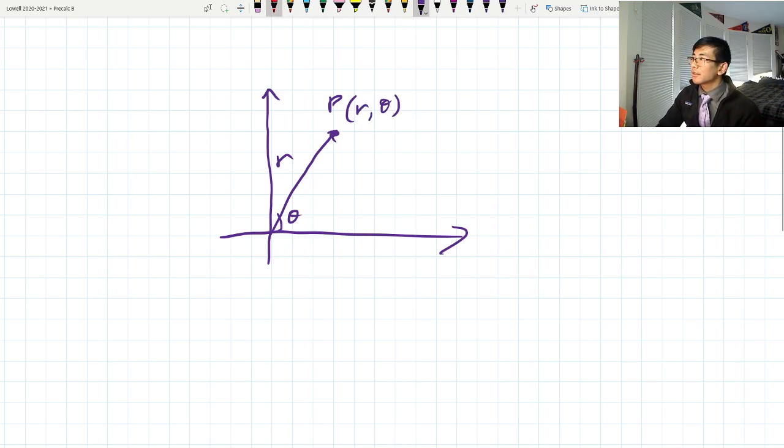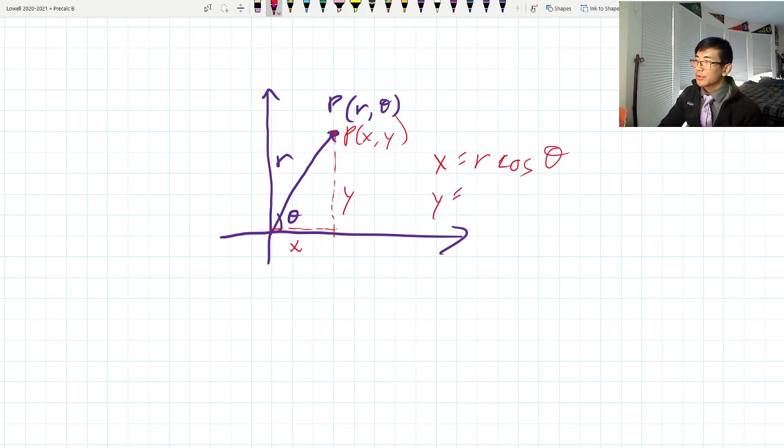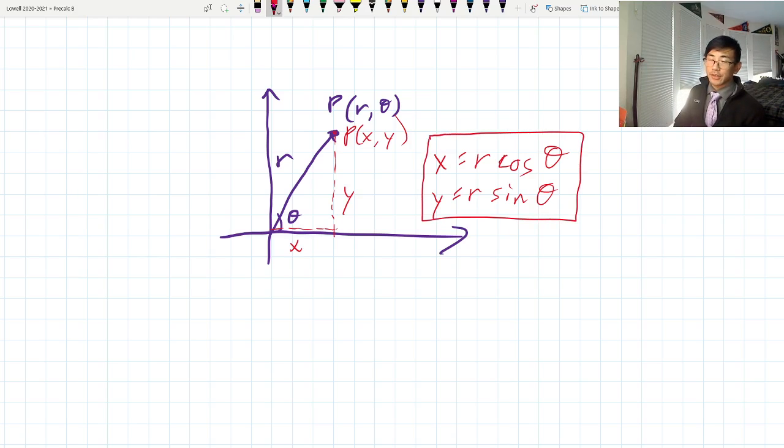We could also write it in xy terms, the point P defined with x and y, where x is equal to r cosine theta, and y is equal to r sine of theta. And that's pretty much it. So if you have any point in polar coordinates, you can write it like so in rectangular coordinates.